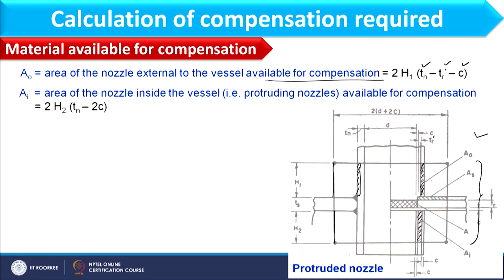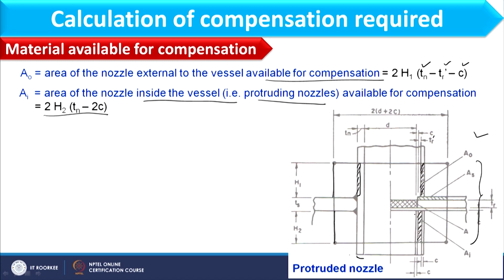In a similar way, AI is the area of the nozzle inside the vessel, that is the protruding nozzle available for compensation. So, here I have 2H2 (Tn minus 2C). You can see that 2H2 is used because I am considering both sides, and Tn is the standard thickness of the nozzle, minus 2C. Why did I use minus 2C?